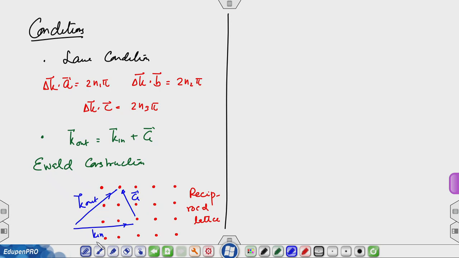So, that puts a very strict condition on which way the X-rays are going to go out once I know the incoming direction. So, I let this incoming K come in, add a G to it, so that K out is same in magnitude as K in, and this angle is going to be 2 theta.